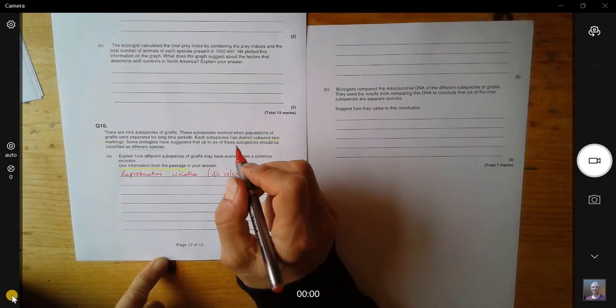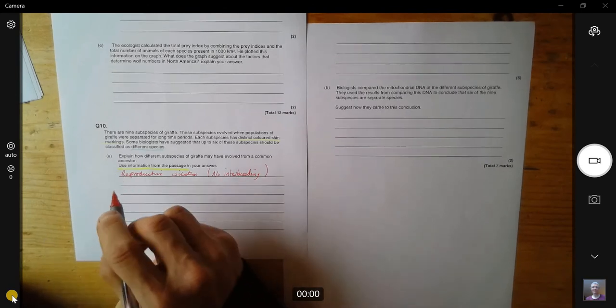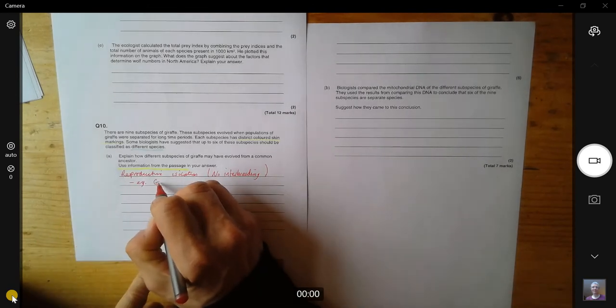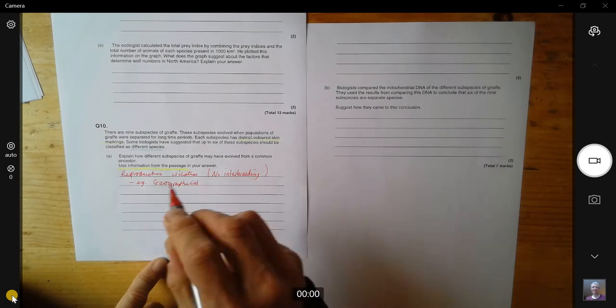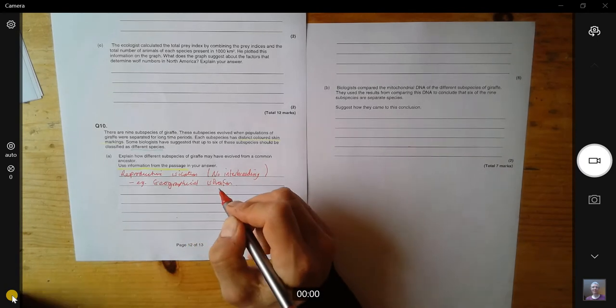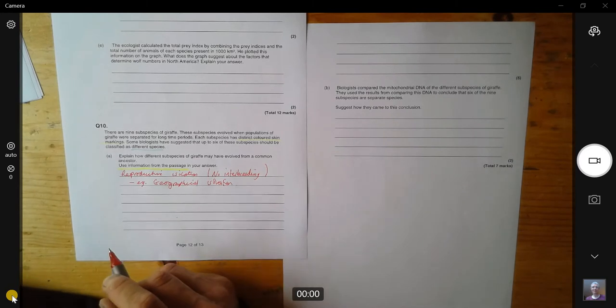You could possibly talk about geographical isolation as an example. So, for example, geographical isolation, which would mean no interbreeding.